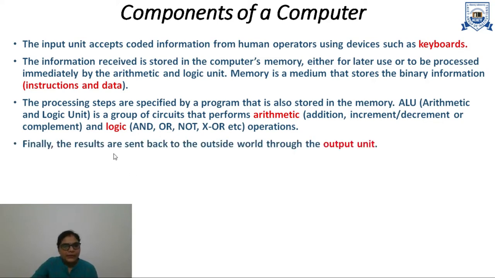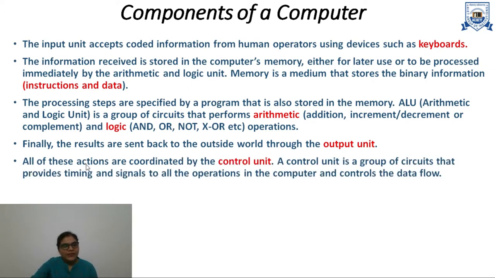Finally, the results are sent back to the outside world through the output unit. Once the ALU has performed the operation and computed the result, that result will be provided to the user with the help of the output unit. The same concept applies here: the result will be in binary form and it will be converted into human understandable language.